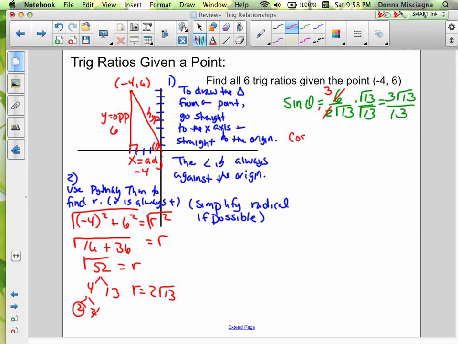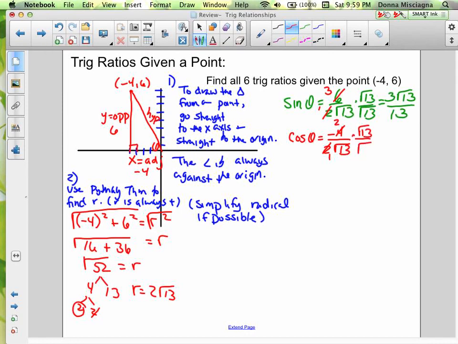All right, so cosine theta is adjacent, which is negative 4, over hypotenuse, which is 2 square roots of 13. I'm not going to change colors like I did on the last one because I used the same color and it blended into the next problem. We can reduce that by 2. It's going to be 2 and 1. So we have negative 2 in the numerator, and then we're going to have to rationalize.